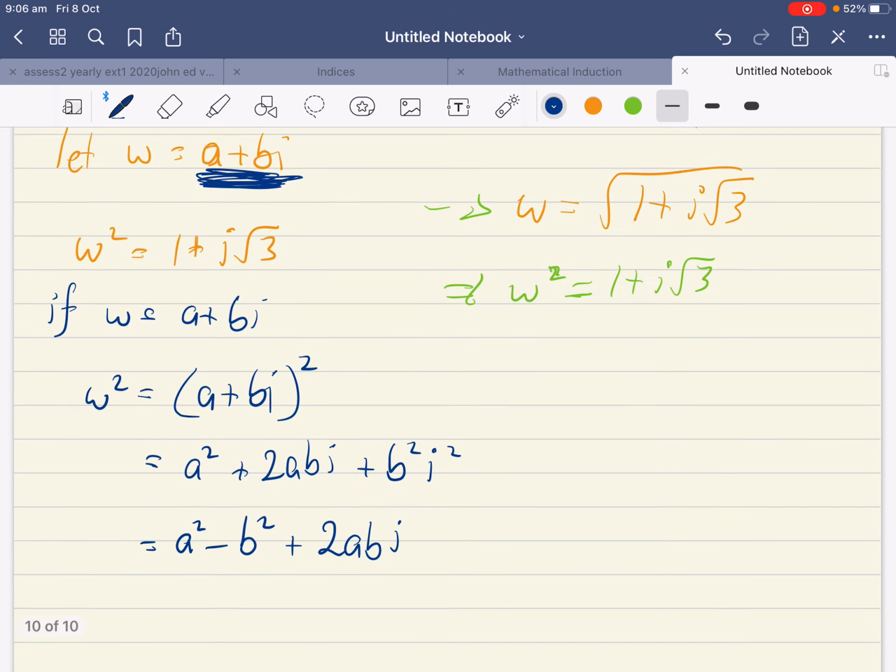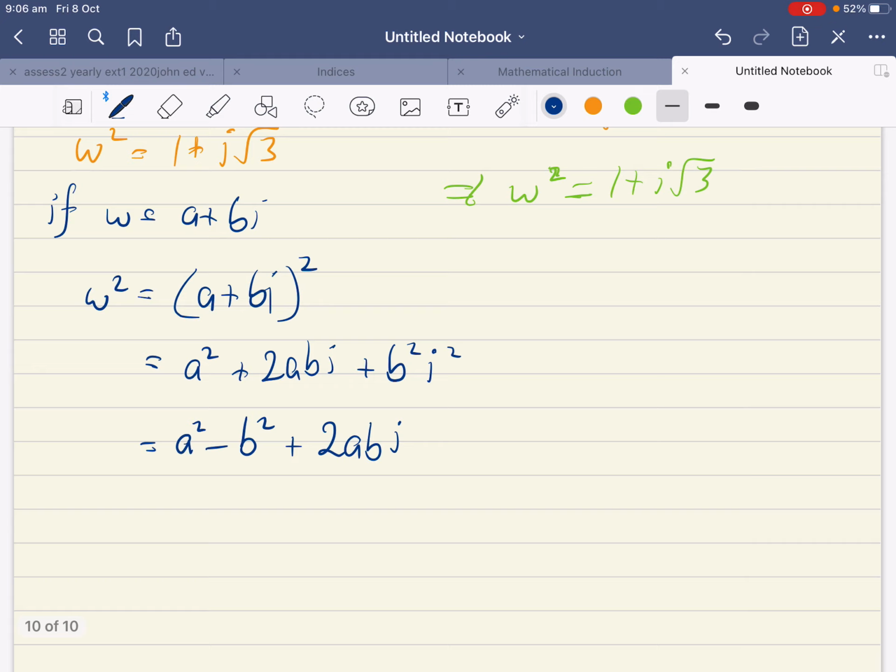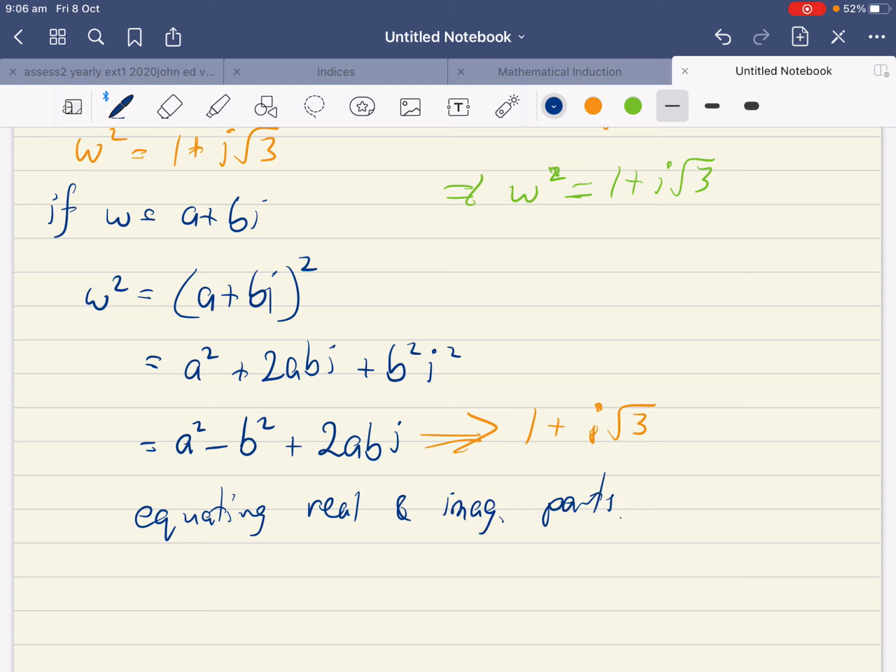And for our particular question, we know that W squared is going to be equal to 1 plus i root 3. So these two things are equal to each other. So by equating real and imaginary parts, if these two things are equal, I'm referring to this line right here, then that must mean a squared minus b squared is equal to 1, right?